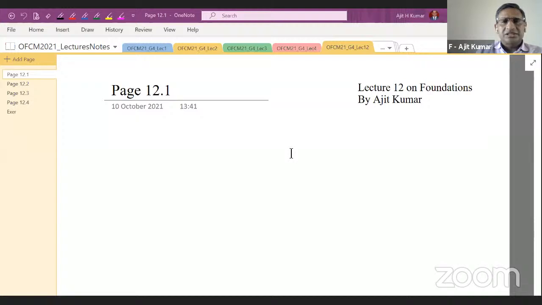So again, let us start with a function f from set X to Y. We already defined what is the meaning of range of f. This was the collection of all images.